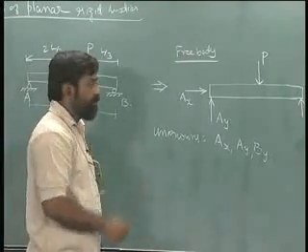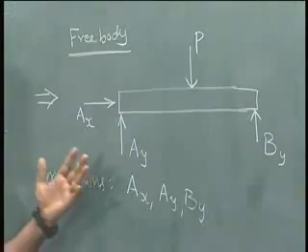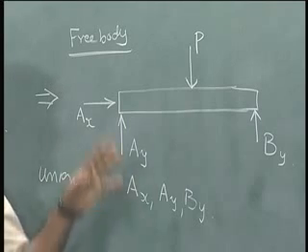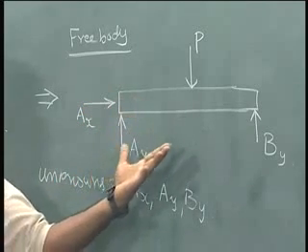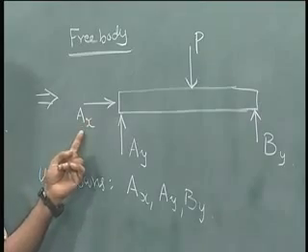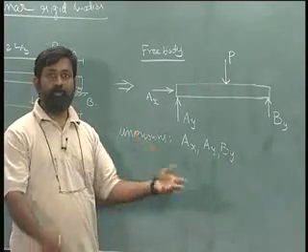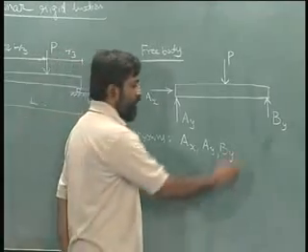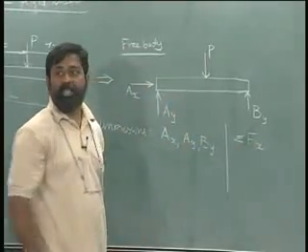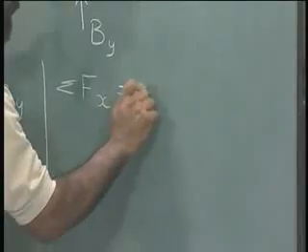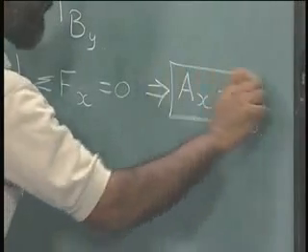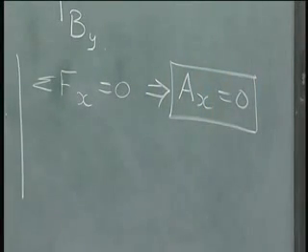If you look at this carefully, there are 3 vertical forces, and there is only one single horizontal force. So the first thing I can do is write the summation of all force components on the rigid body along the x direction equal to 0. That implies Ax equal to 0. So that is the immediate result that I can get.